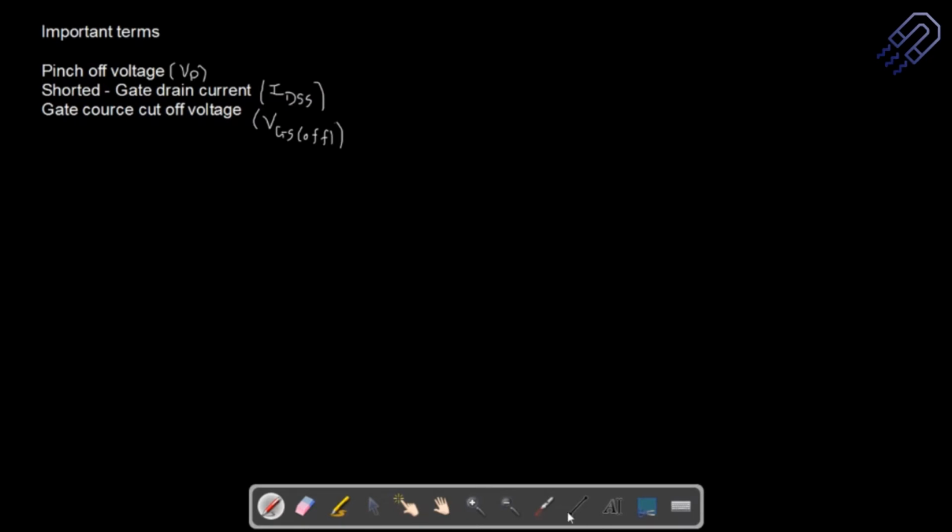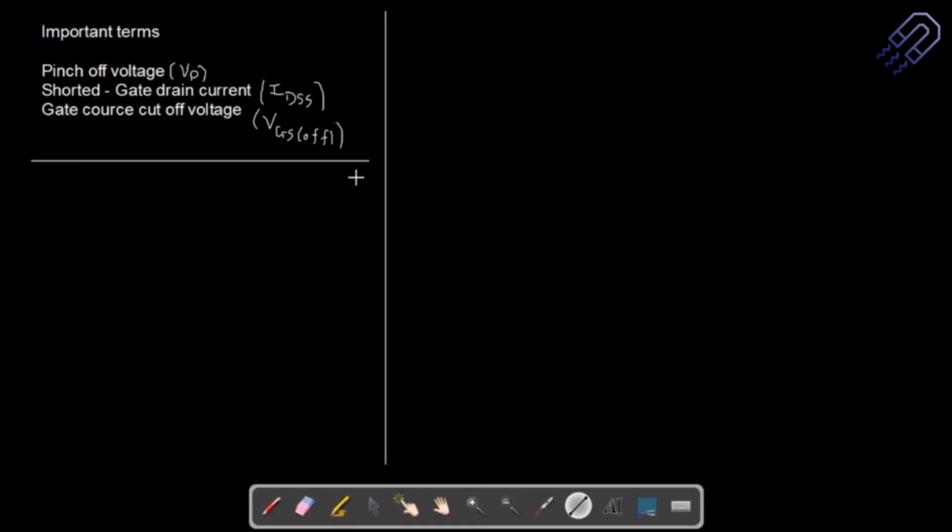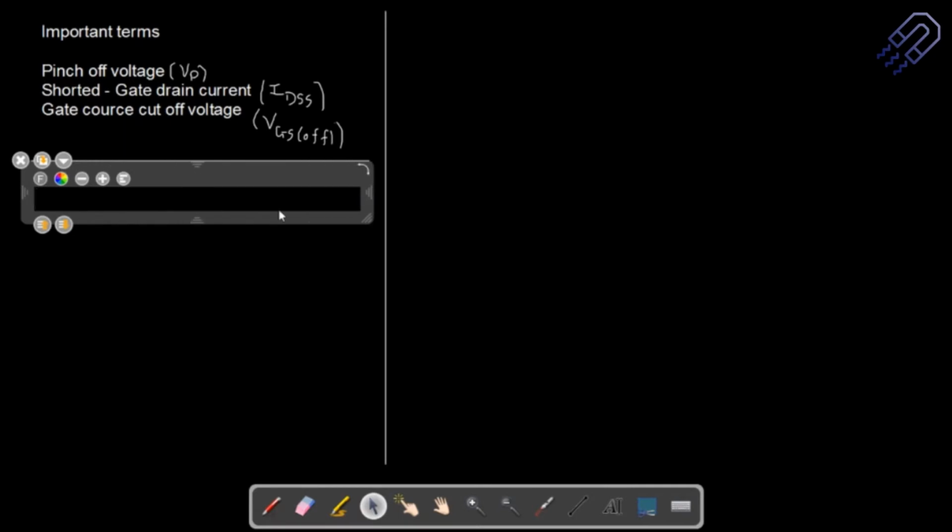So these are some important terms that we should know. And then probably we can write down the definitions for these. The first is the pinch off voltage. If you remember the figure, we can actually identify what the pinch off voltage is, but let me put it in words.